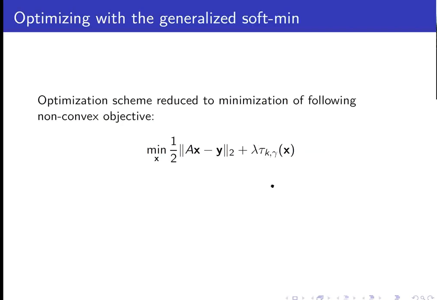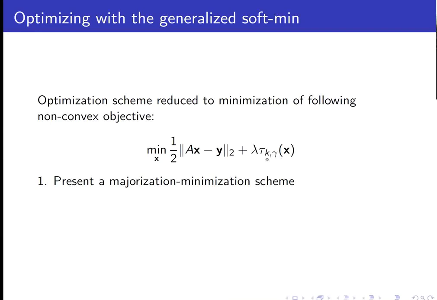Now, to solve such problems, there are still two issues. One, it's still non-convex. Even though this penalty is now infinitely differentiable, it's still non-convex. For that, we propose a majorization minimization scheme, which essentially linearizes things, and we're going to solve a sequence of convex problems instead. I'll see how much time I have for it.